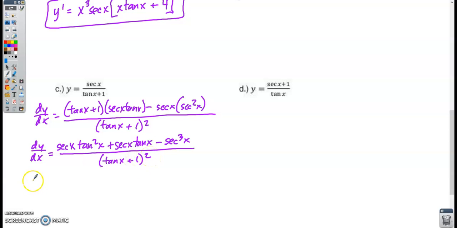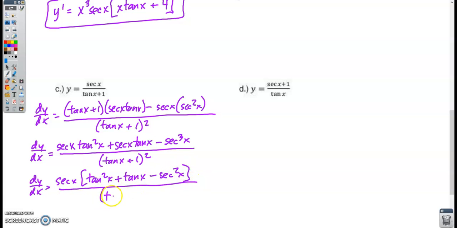And then I'm going to factor secant out of everything. So we've got secant times the quantity tangent squared of x plus tangent of x minus secant squared of x all over the quantity tangent of x plus 1 quantity squared.